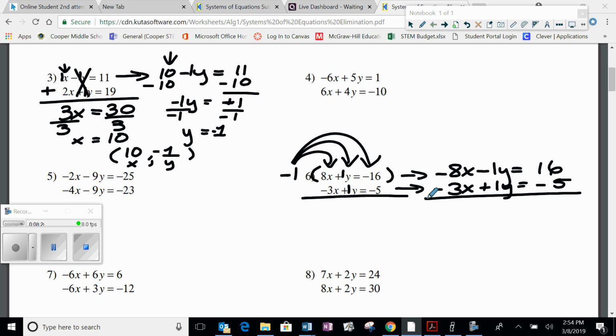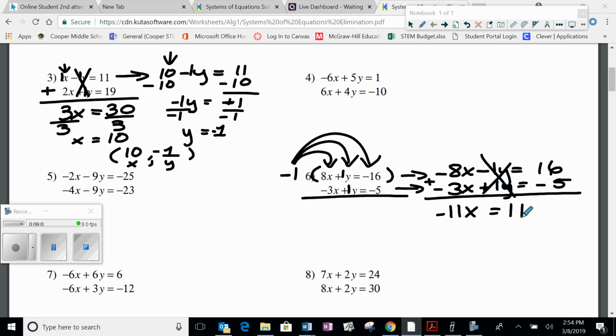I'm going to add the two equations together. Negative 8 plus negative 3 becomes a negative 11x. 8 plus 3 is 11, so that's a negative 11. Negative 1y plus positive 1y eliminates, leaving me with 16 plus negative 5, which is 11.